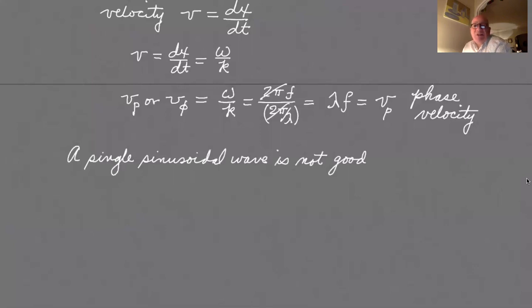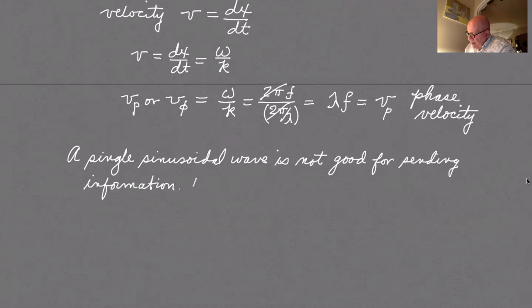As a matter of fact, it's insufficient, right? It's so not good that it's insufficient for sending information. So the reason for this is the wave is unchanging. The wave is unchanging throughout time and space.